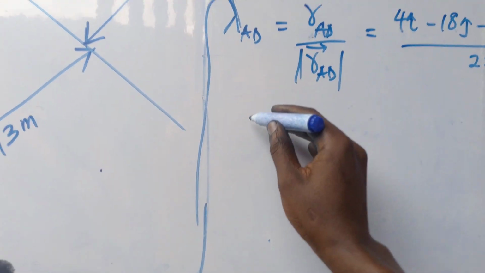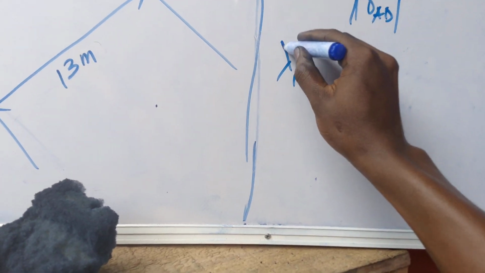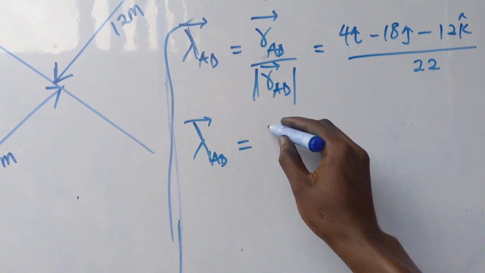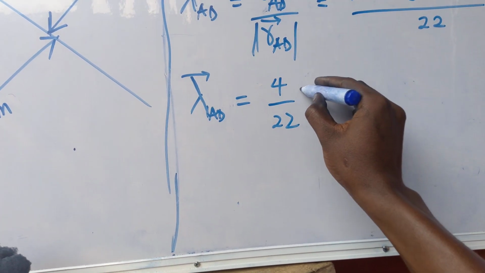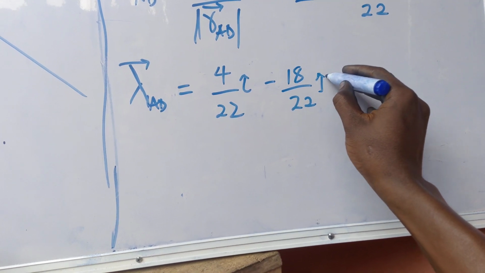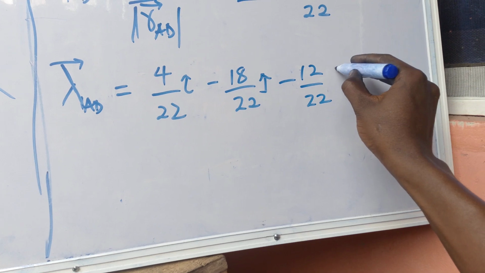When I split them, I have lambda AD equal to 4 divided by 22 i minus 18 divided by 22 j minus 12 divided by 22 k.